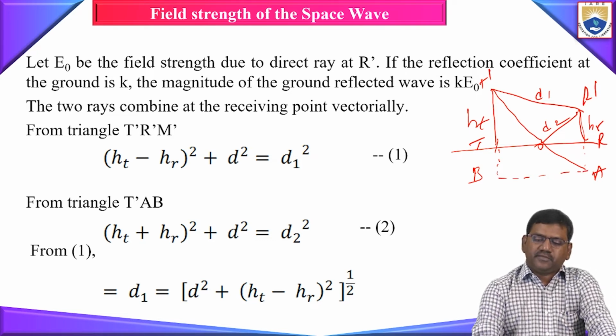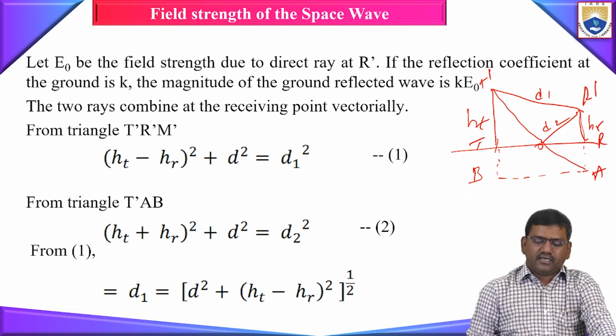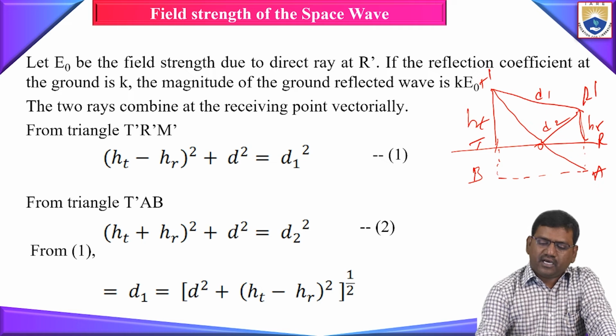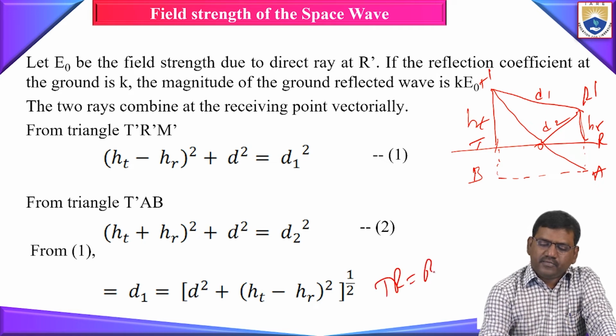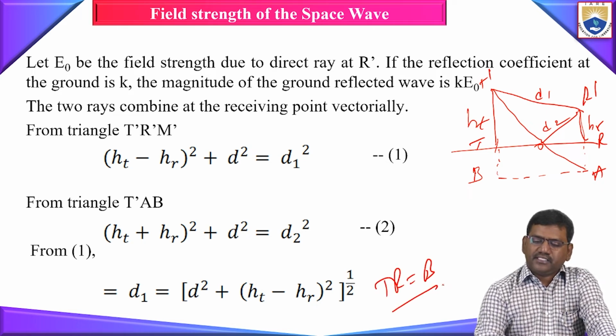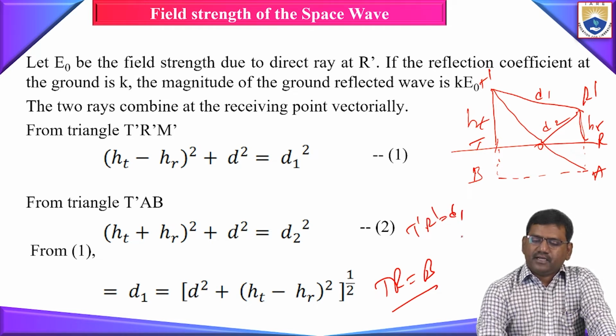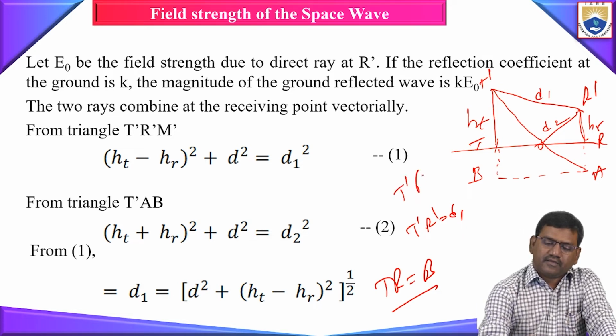Let us assume the distance between T and R is D. The total distance between T and R is D, the distance T dash R dash is equal to D1, and the distance between T dash and A is D2.